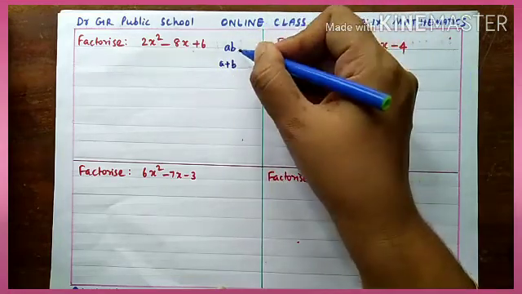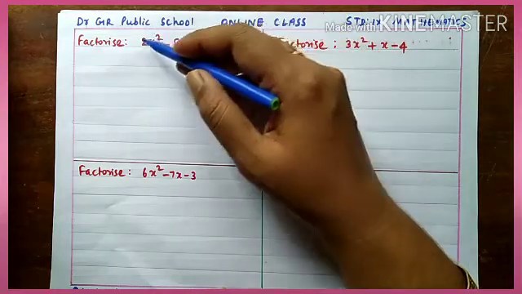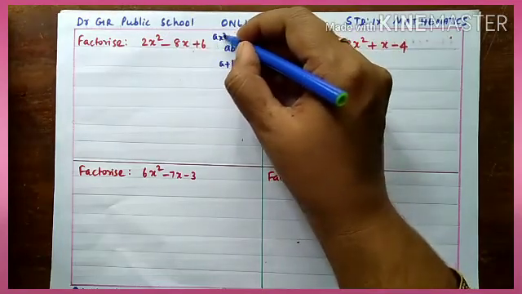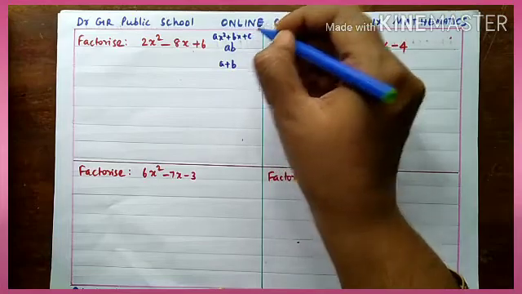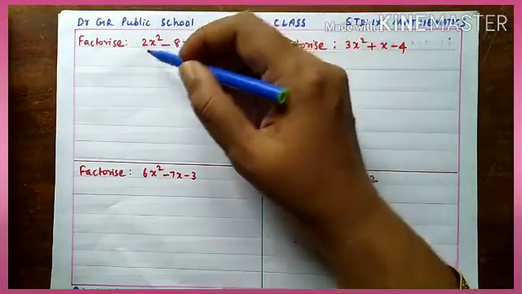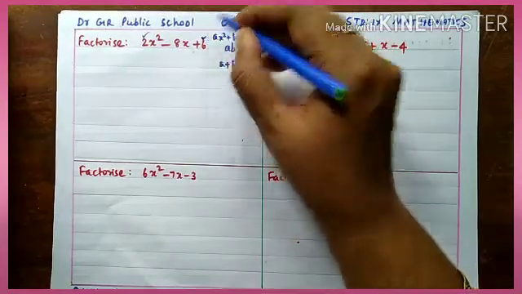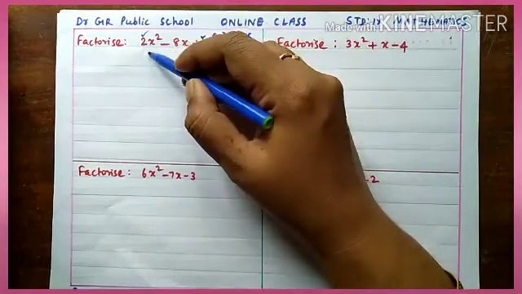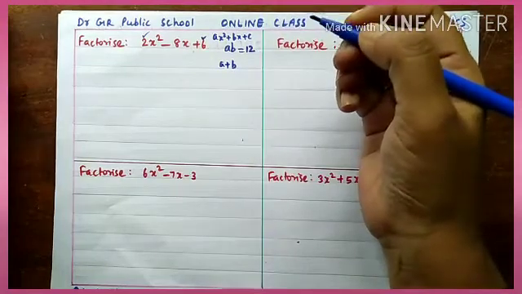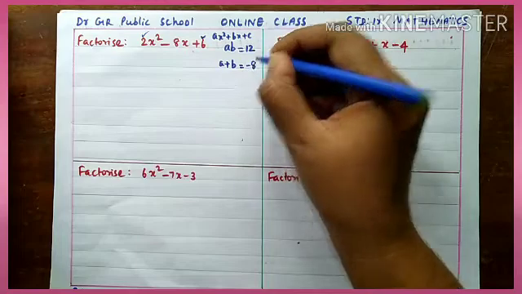So the product of the two numbers we need to consider by multiplying the coefficient of x square and the constant term, that is 2 into 6. 2 into 6, 12 is the product value, and the sum value is minus 8.